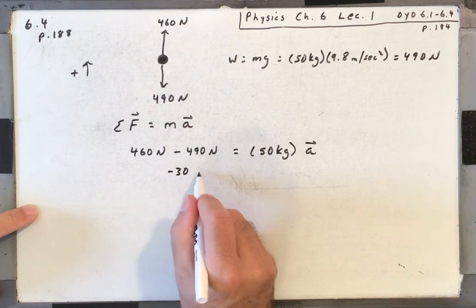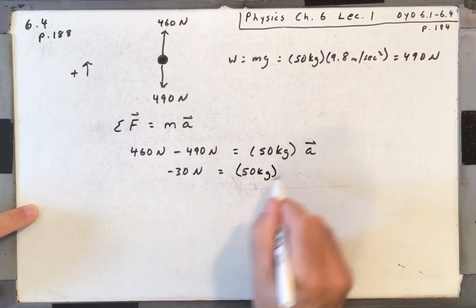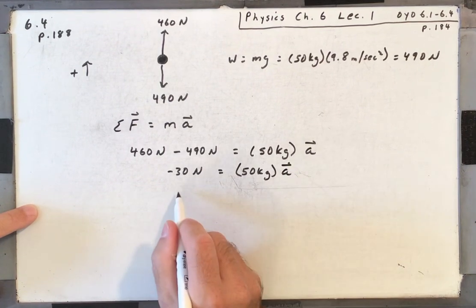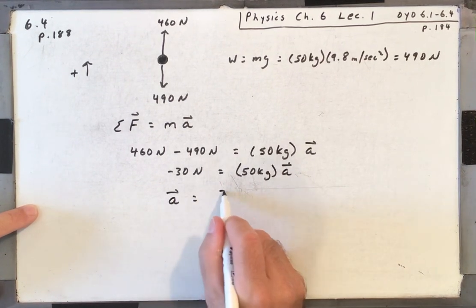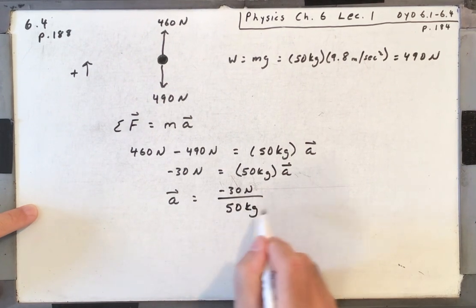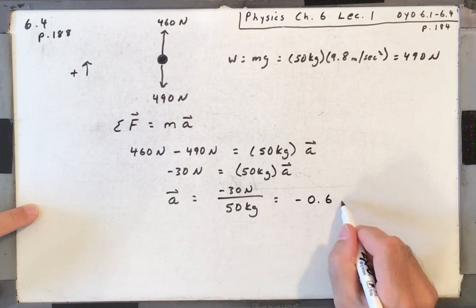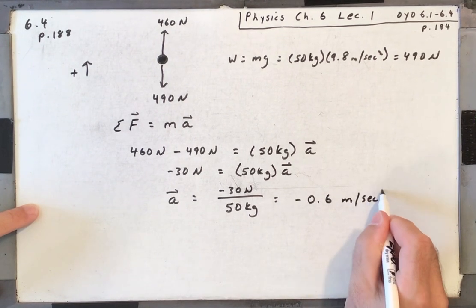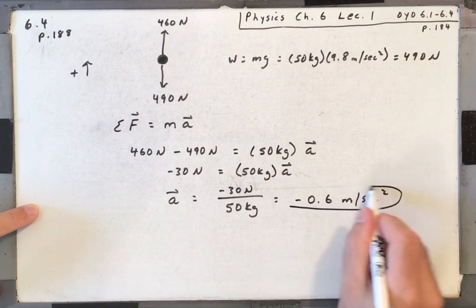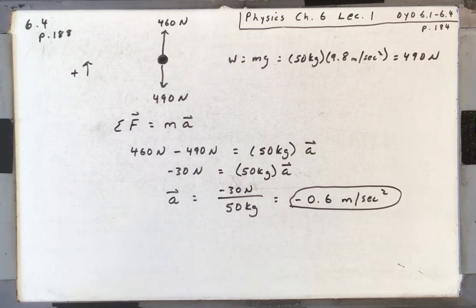So negative 30 newtons is equal to 50 kilograms times acceleration. So acceleration is going to be negative 30 newtons over 50 kilograms, and that's going to be negative 0.6 meters per second squared. All right, so meter per second squared is the same thing as a newton per kilogram, isn't it?